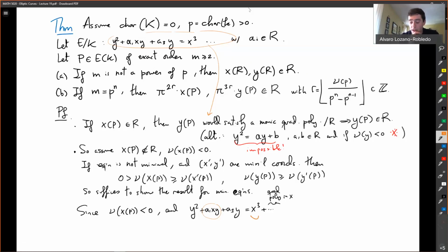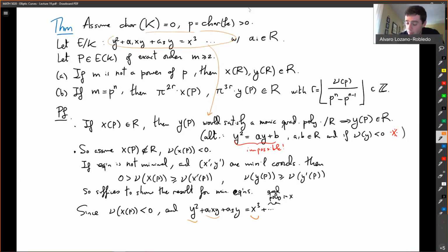If you do an analysis of where the minimum valuation would be, it has to happen here, because if it was elsewhere, then the valuation of y would have to be less than the valuation of x, and therefore the valuation of y squared would be even more negative.